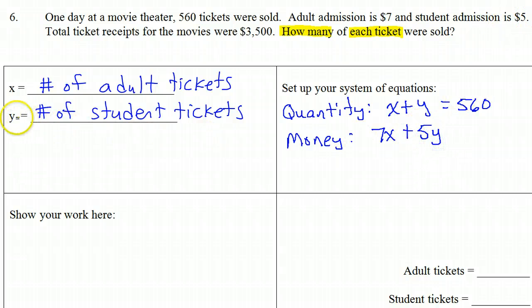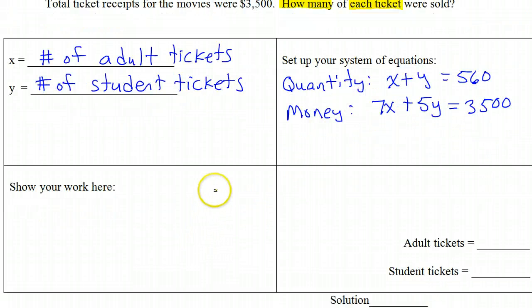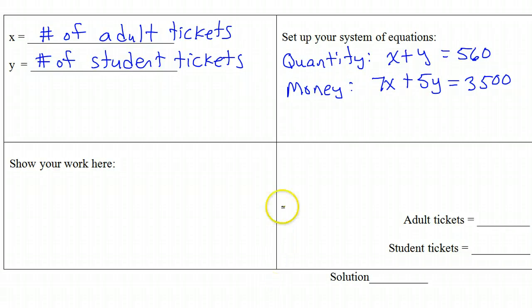And the total amount of money is $3,500. So that's your money equation: $7 per adult, $5 per student, total of $3,500. I would recommend doing substitution on this problem. You could do elimination again, but substitution would work pretty great.